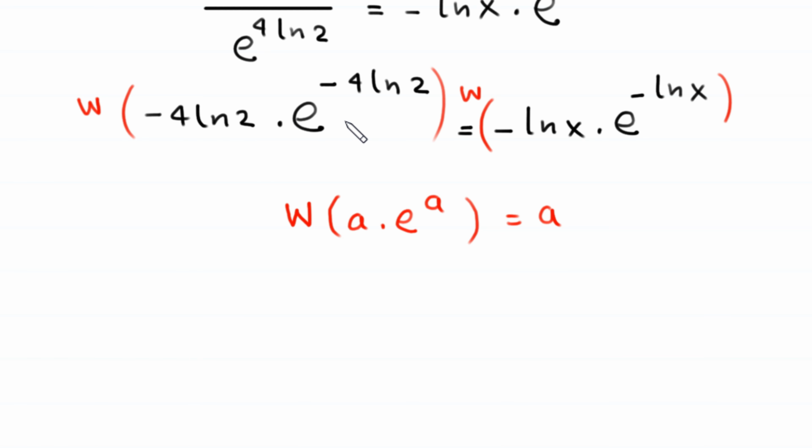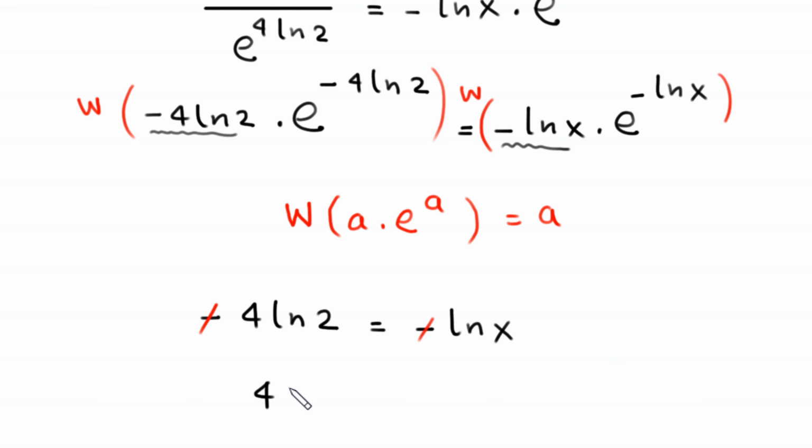Lambert W function of this expression is equal to this negative 4 times ln of 2, is equal to Lambert W function of this expression is equal to this negative ln of x. Now if we divide both sides by negative 1, this minus sign will be cancelled out. We are left with 4 times ln of 2 is equal to ln of x.